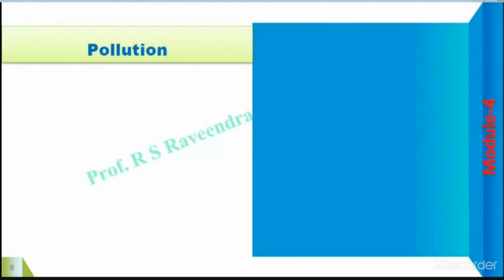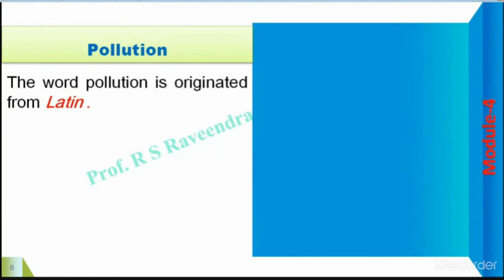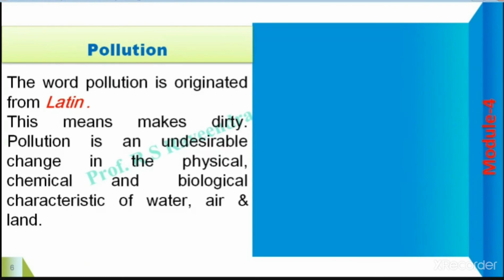Now, let us know something about pollution, how the word pollution is derived and from which language. The word pollution originated from Latin. It means makes dirty. It is nothing but an undesirable change in the physical, chemical, and biological characteristics of water, air, land, or any other component of the environment.